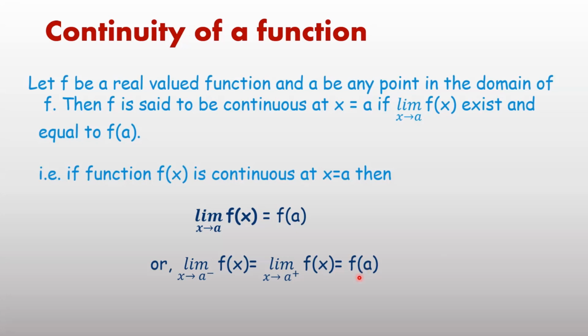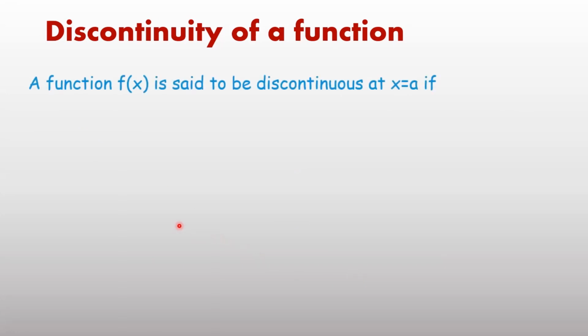Or graphically you can understand it as: if you draw the graph of a function, at any point if the curve of the function does not break, it is continuous. And discontinuity: the function is said to be discontinuous in the following cases.